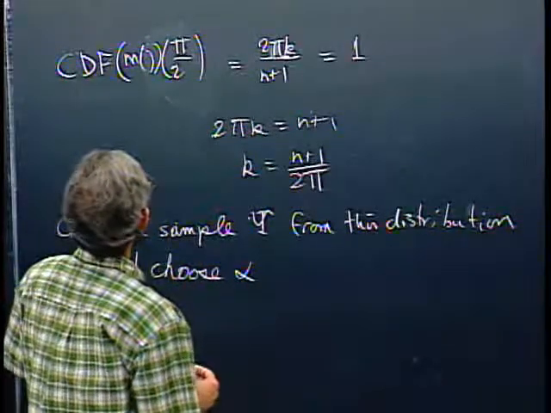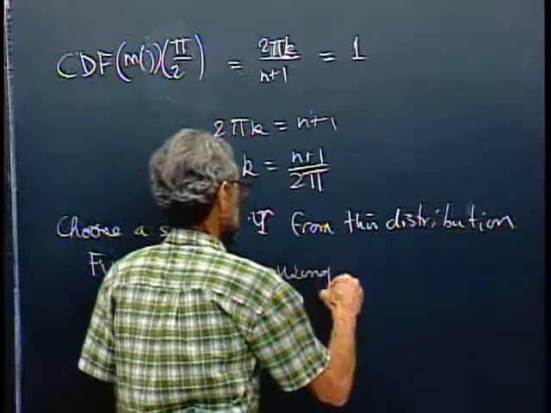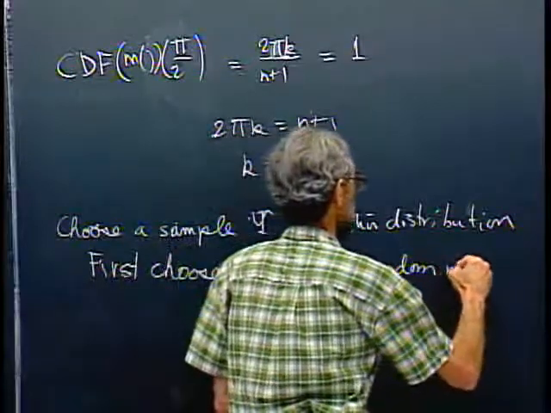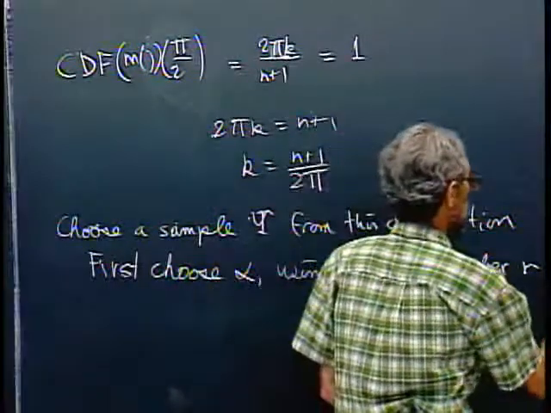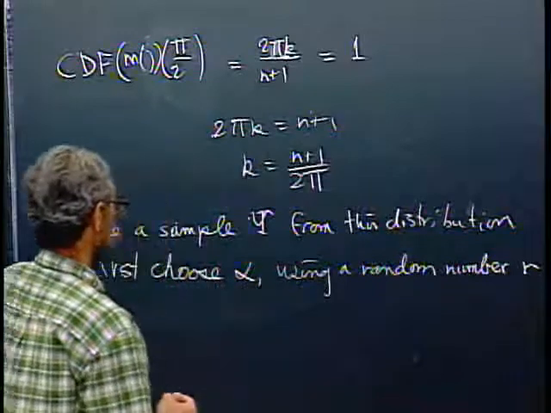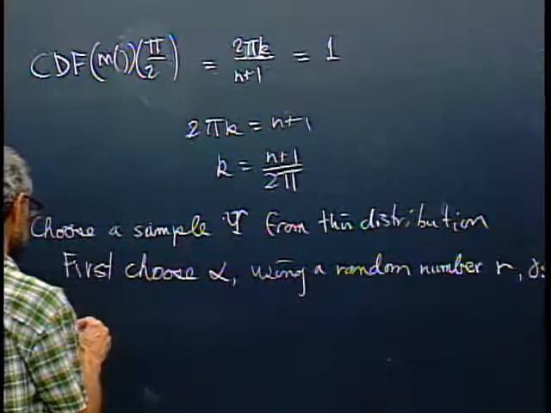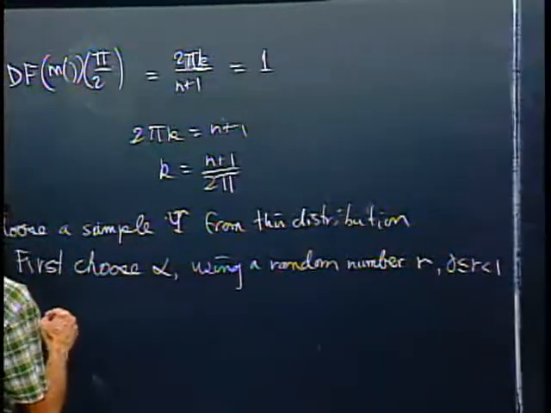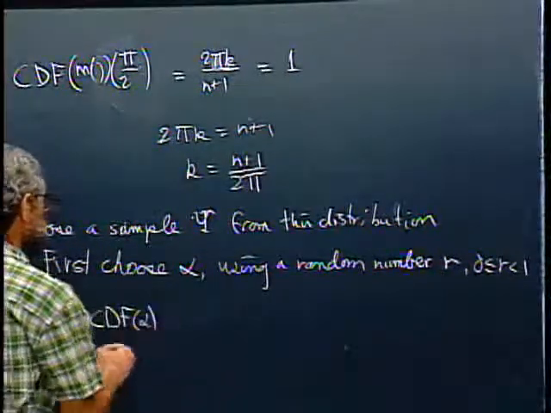We want to use, say, a random number r with 0 less than or equal to r less than 1, like you get from a random number generator, and find the alpha such that r is the CDF evaluated at that value alpha.